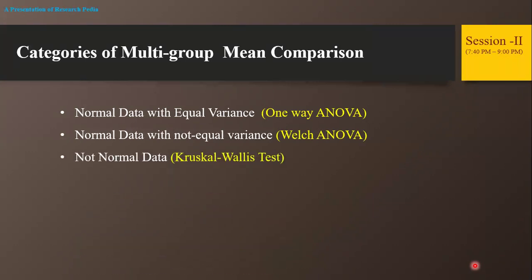If our data is normal but our variance is not equal, we may consider Welch ANOVA. And if our data is not normal, we may consider the critical values test. So these are the three situations that we are going to learn in today's session.